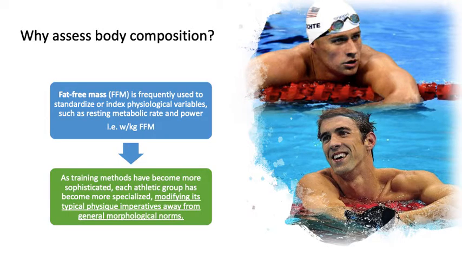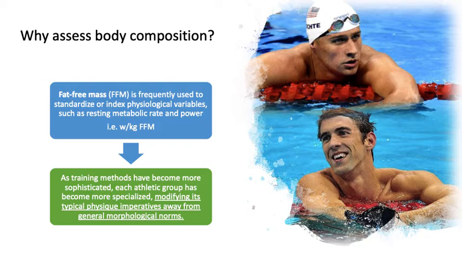First of all, the focus should be on fat-free mass. Fat-free mass is anything that's not fat. It's frequently used to standardize or index physiological variables such as resting metabolic rate and power. A common unit for cycling is watts per kilogram of fat-free mass.